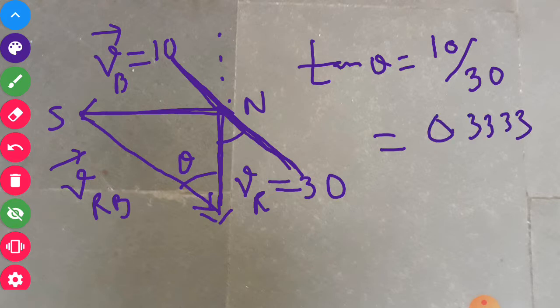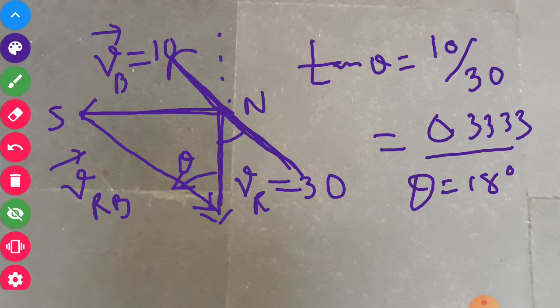0.3333, and if you see this in the natural tangent, you find the corresponding angle to be 18 degree. Okay, the angle which we found is 18 degree, and that 18 degree is that of the umbrella.